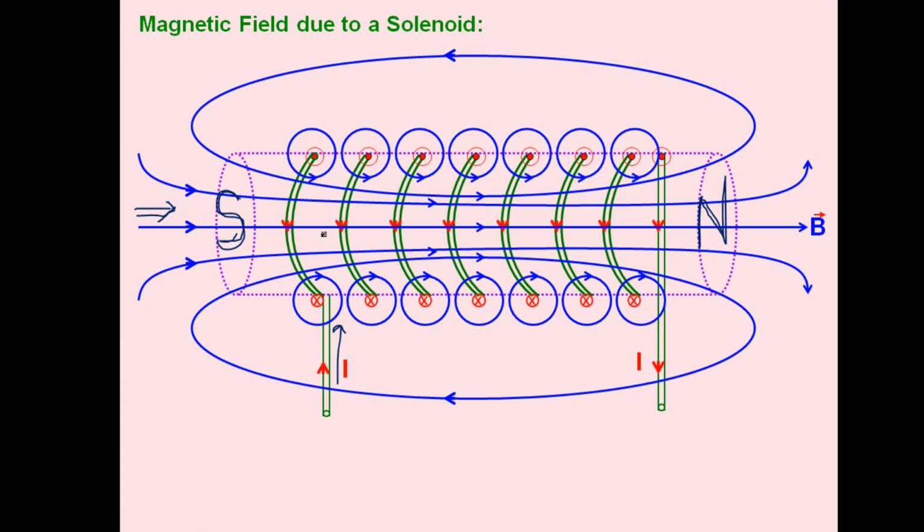This clockwise direction produces a south pole, and similarly on the other side it will be north. So this is the structure of the magnetic field due to a solenoid.